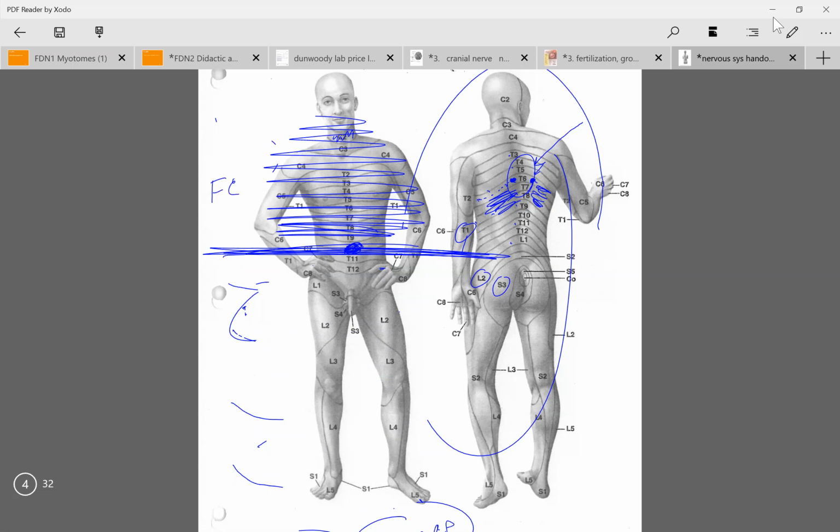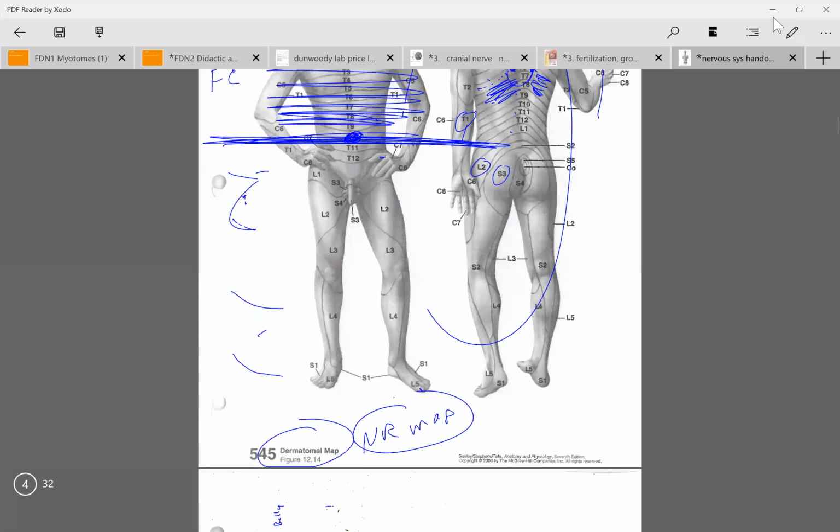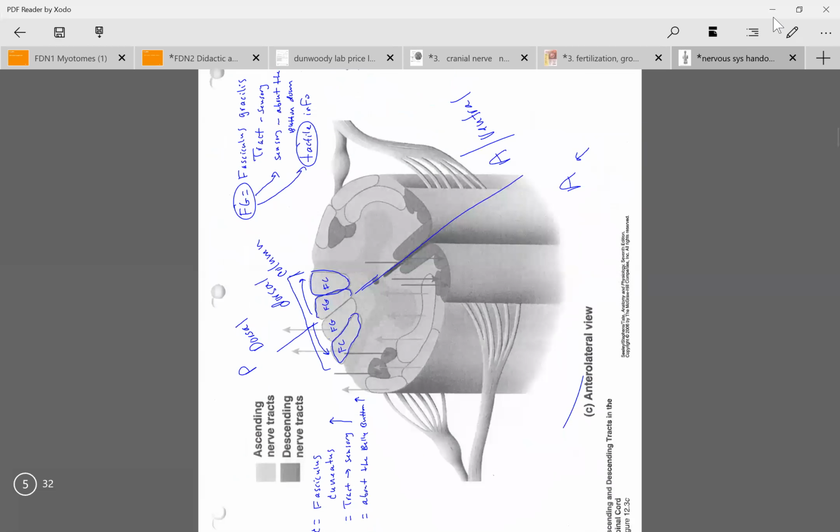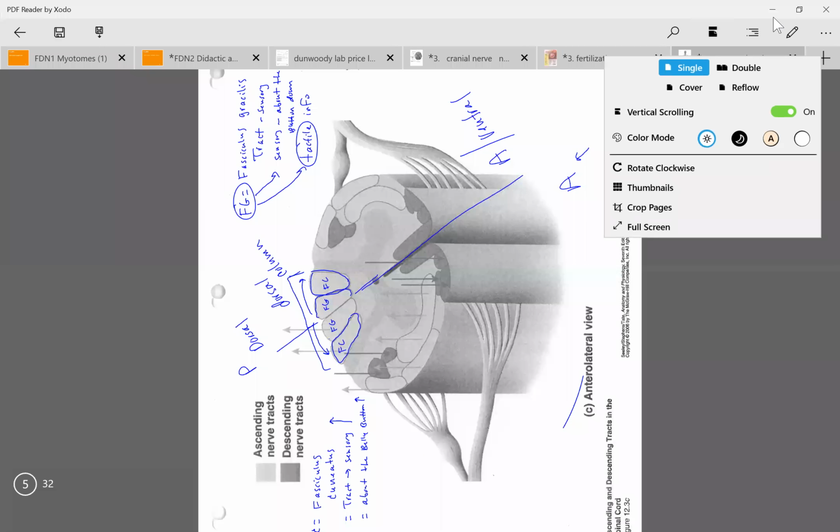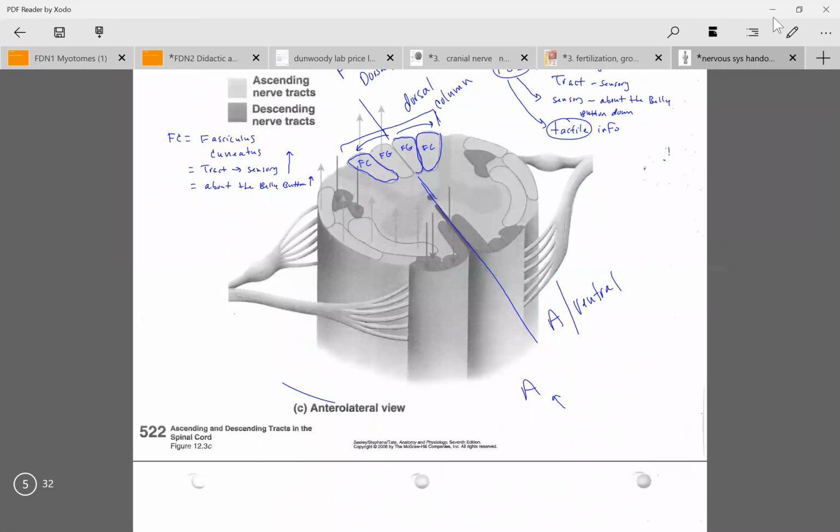As information is going into your spinal cord about the belly button up, it's going to go in and specifically travel on the fasciculus cuneatus.